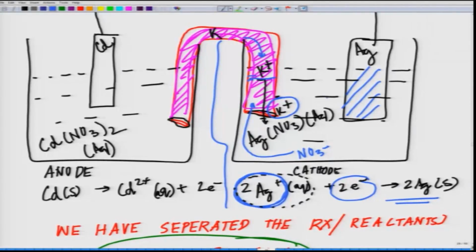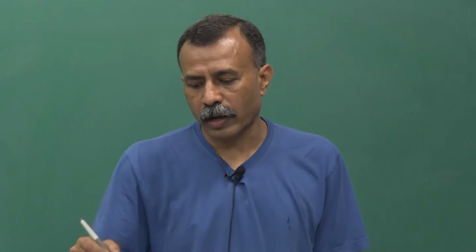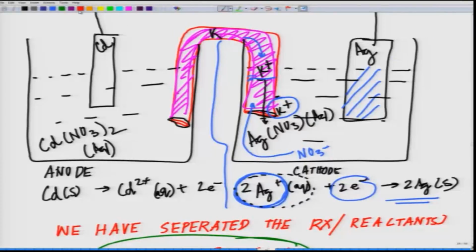So, there is a dearth of positive charges out here. In order to maintain that potential difference, some positive charges in the form of potassium ions move, percolating into this side, a little bit, not a whole lot of migration.